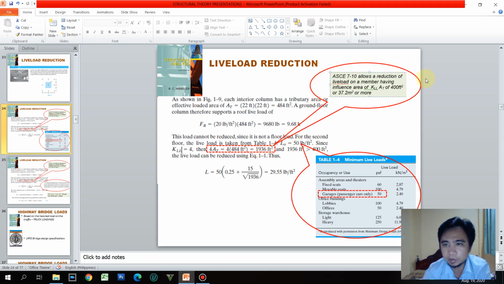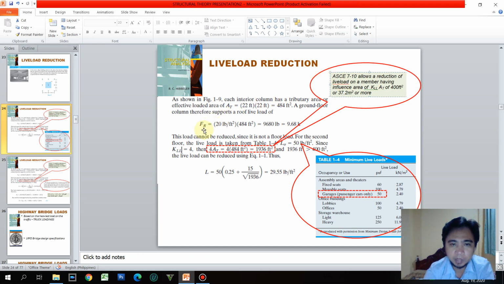And as we recall, ASCE 7-10 allows a reduction of live load on a member having an influence area KLL AT of 400 square feet or 37.2 square meters or more. Now 1936 is greater than this value. That is why we are allowed to reduce.